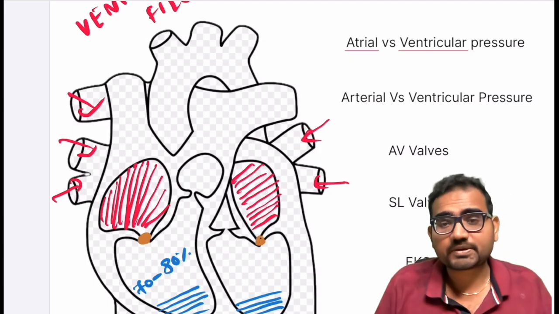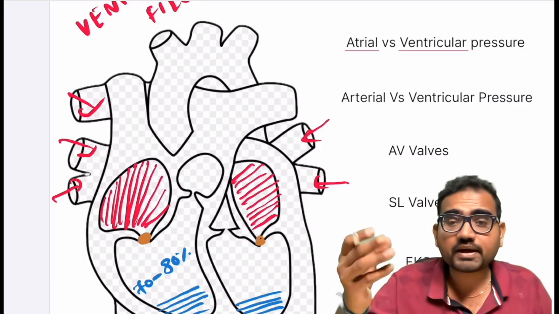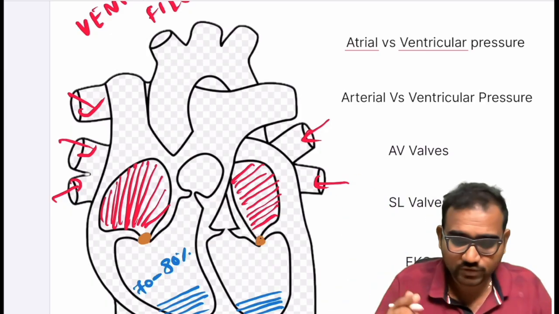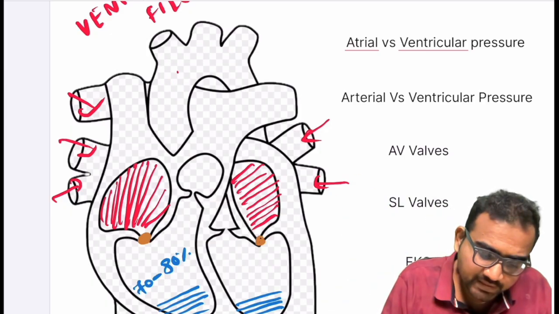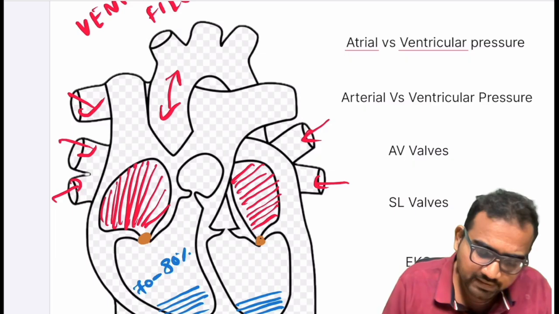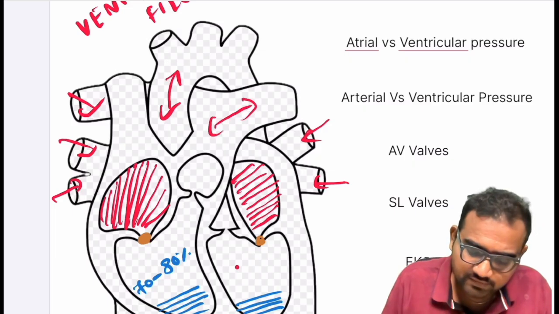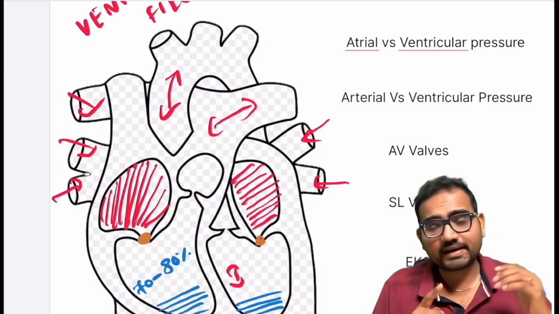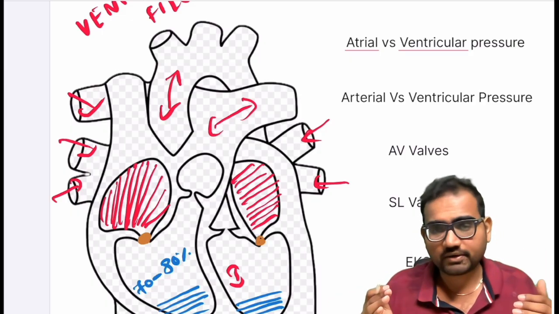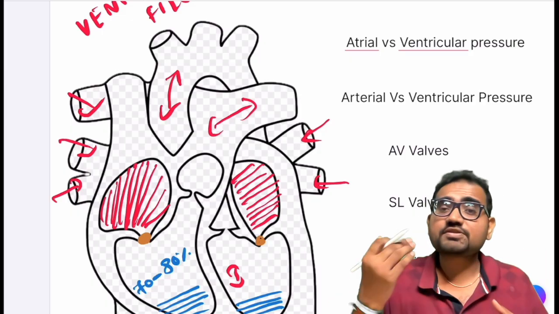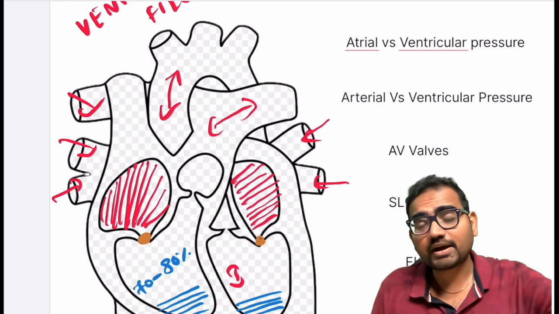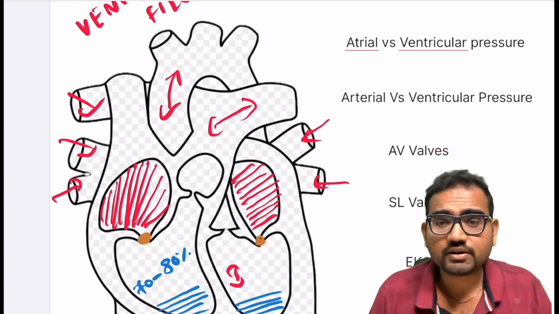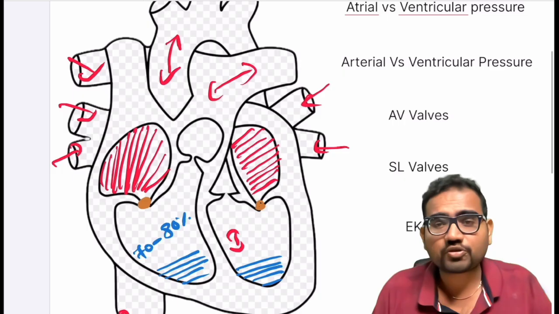Arterial and ventricular pressure is arteries, the pulmonary artery and aortic artery, versus the ventricles. So atrial is right atrium, left atrium versus the right and the left ventricles. Arterial versus ventricular is the pulmonary and aortic artery versus the left ventricle and the right ventricle. AV valves. What are AV valves?